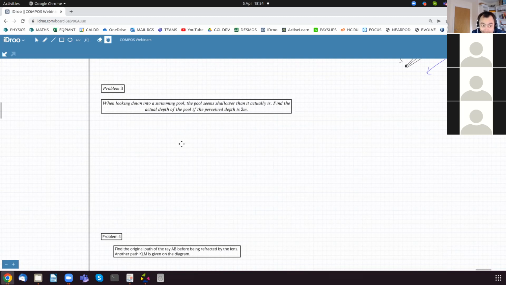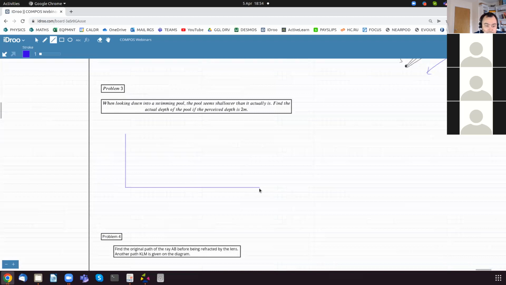And this is to do with the refraction. This is to do with the fact that the speed of light changes. So let's consider a swimming pool with water.